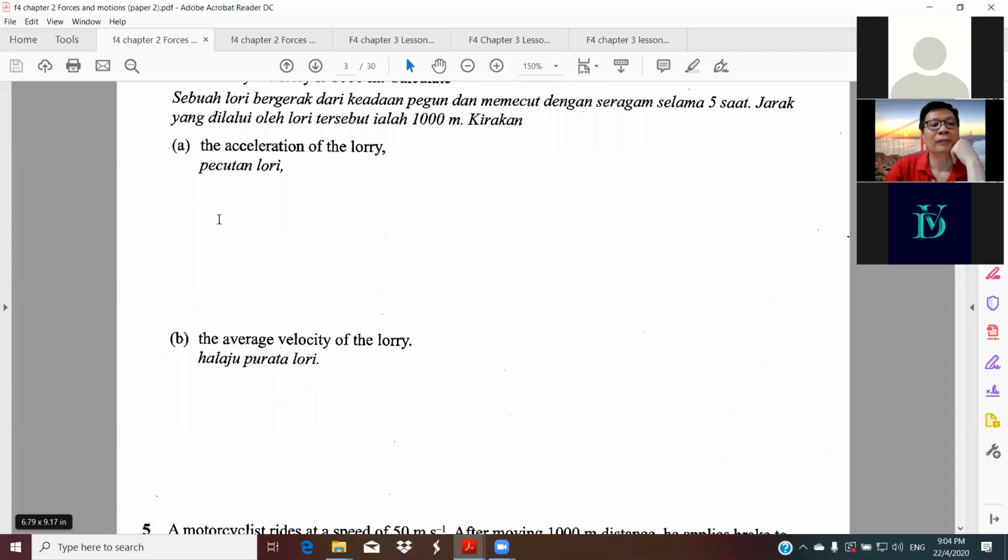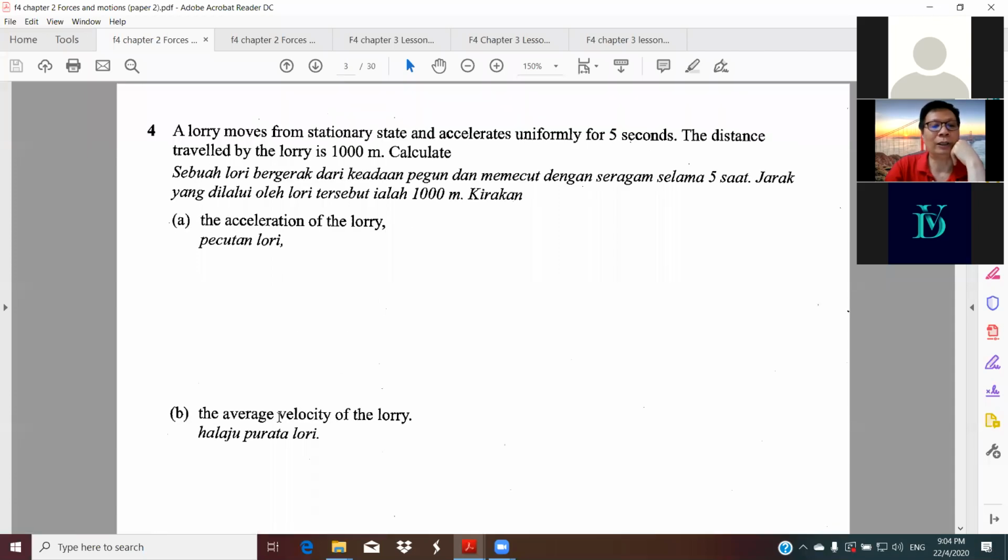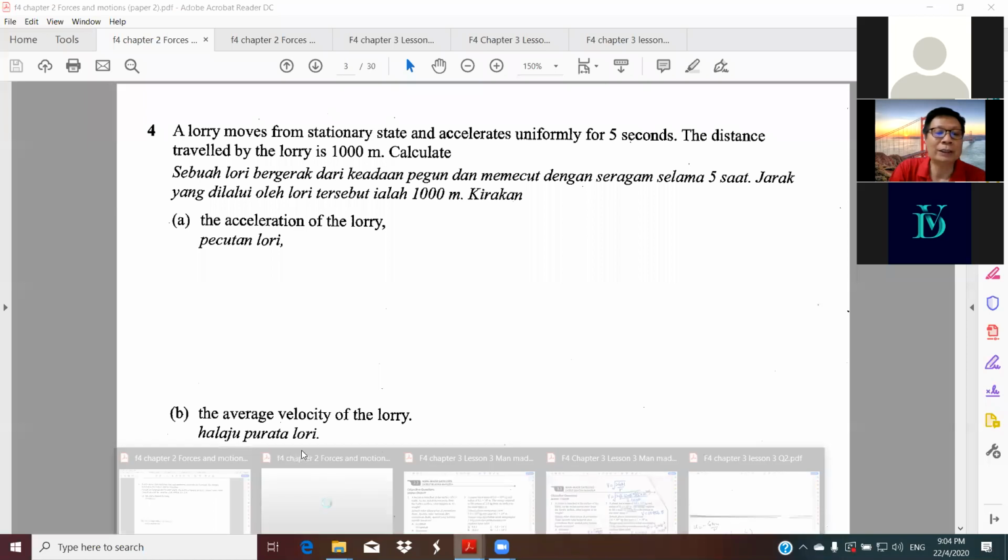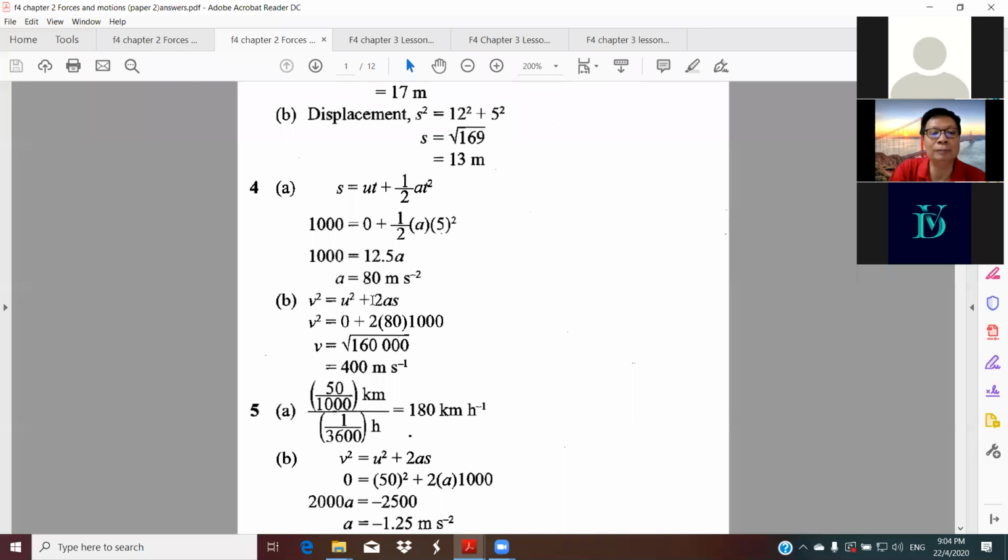We got acceleration already. The next one is find the average velocity of the body. With this formula, u squared is 0, a is 80, s is 1000 in the question. So we got the answer 400. This is the average velocity, here referring to the velocity.